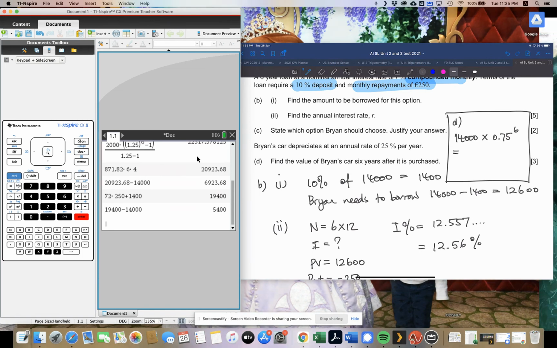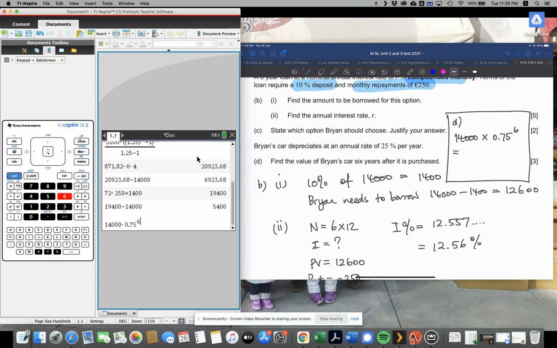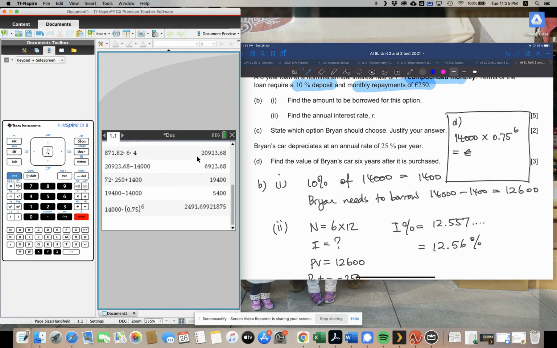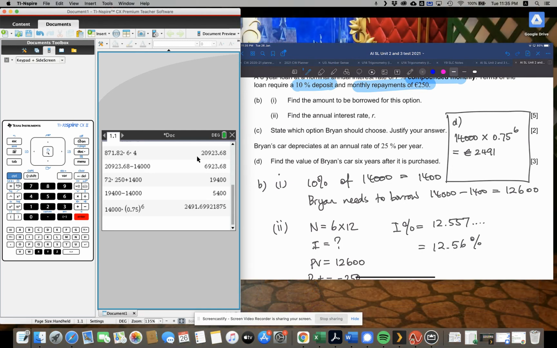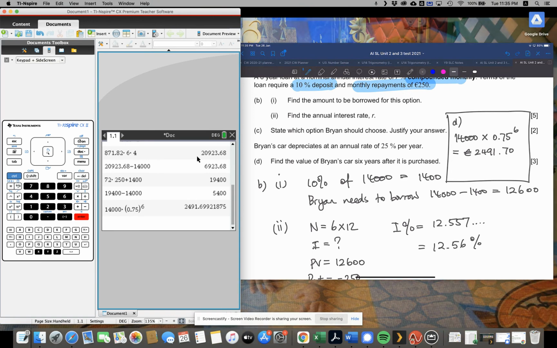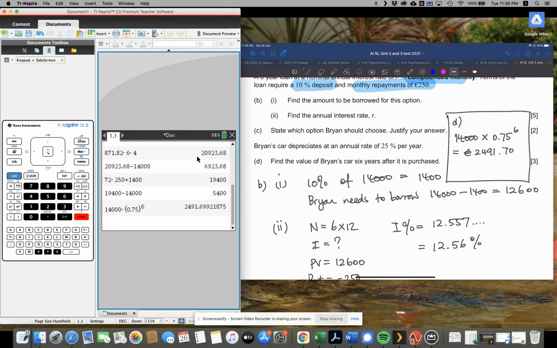You need to work it out using the calculator, of course. 0.75 to the power of 6. So the car, after 6 years, would only have 2,491.70 euros. Not the car would have, but it's only worth that much after 6 years.